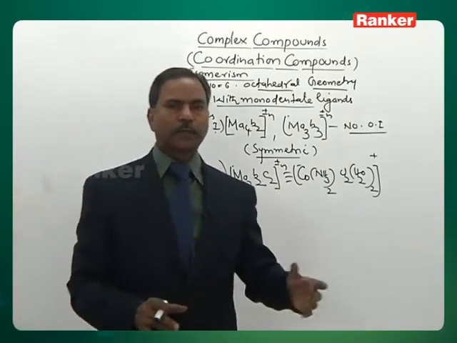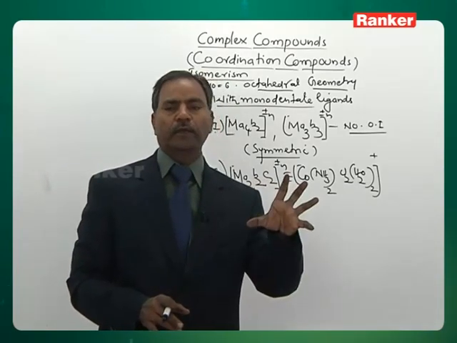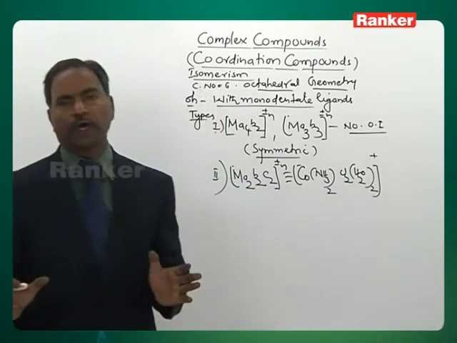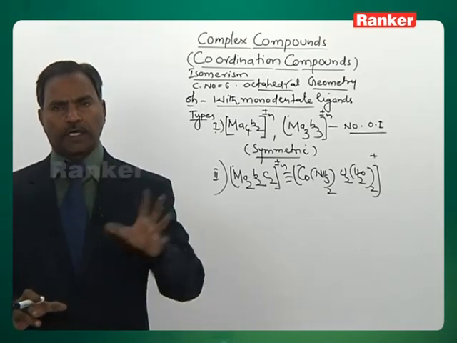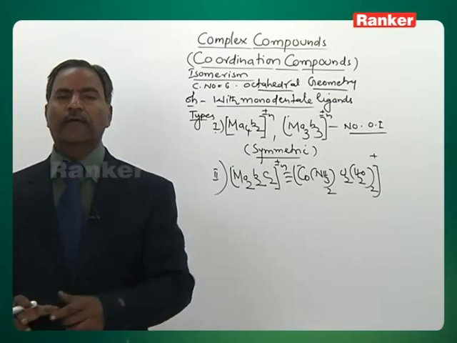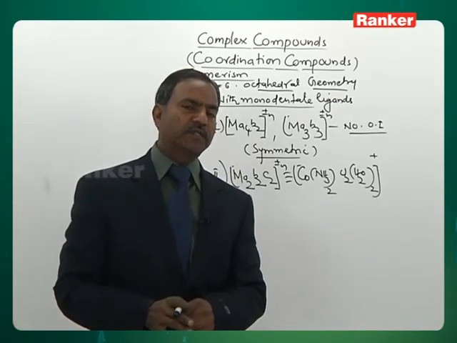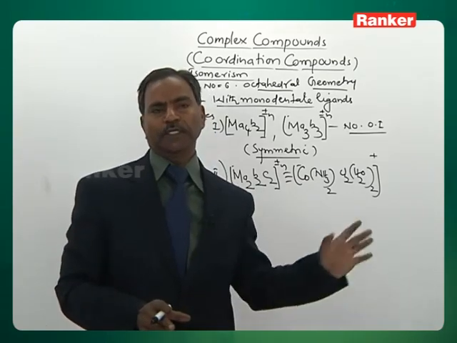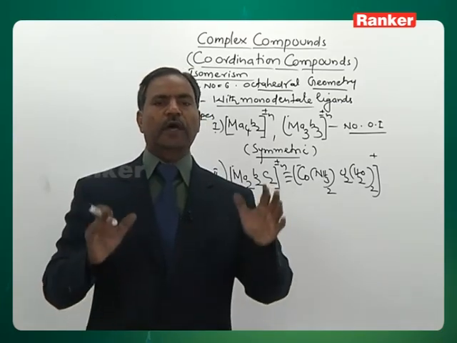Recollect what we have discussed about this complex. For this complex, 5 geometrical isomers are possible, but out of these 5, only 3 are isolated. Among these 5 isomers, the cis isomer is unsymmetric.